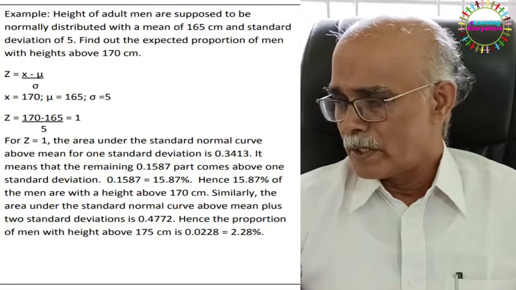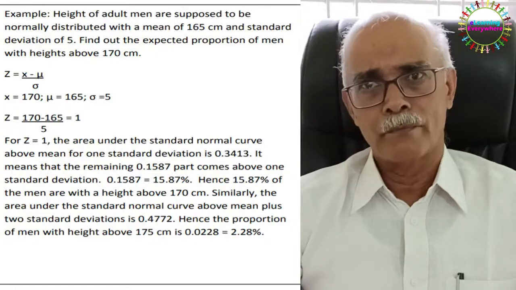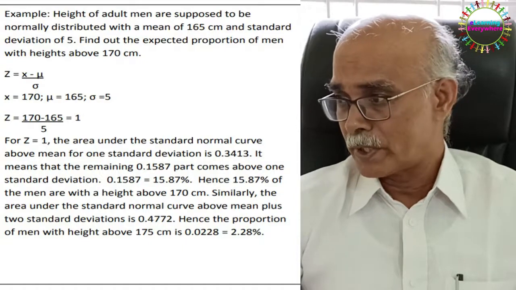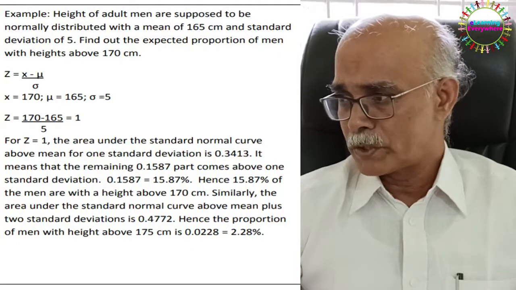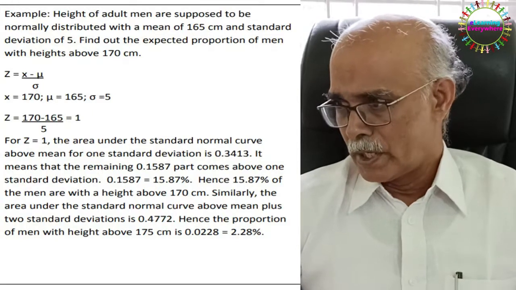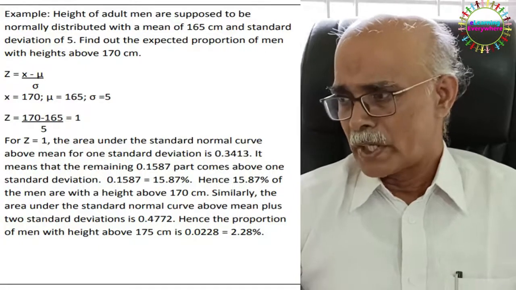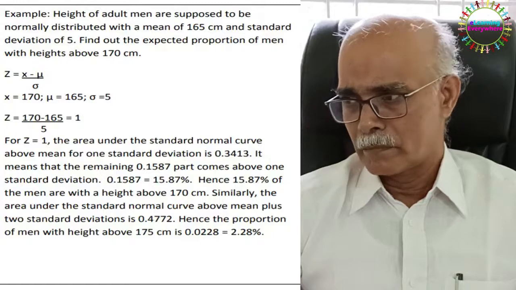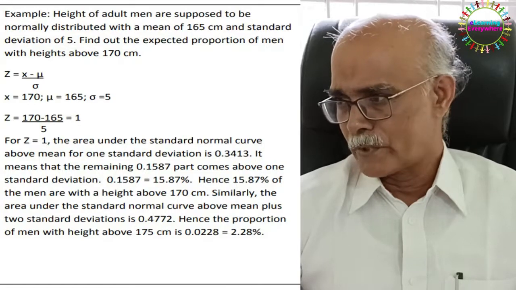Similarly, you can calculate the expected probability of people in the distribution above 175 centimeter. Since 5 is the standard deviation, 175 means mean plus 2 standard deviations, and the area under the standard normal curve above mean plus 2 standard deviation is 0.4772 or 47.72%.